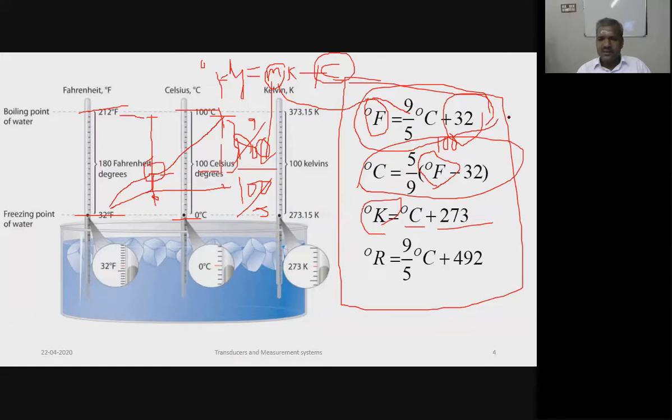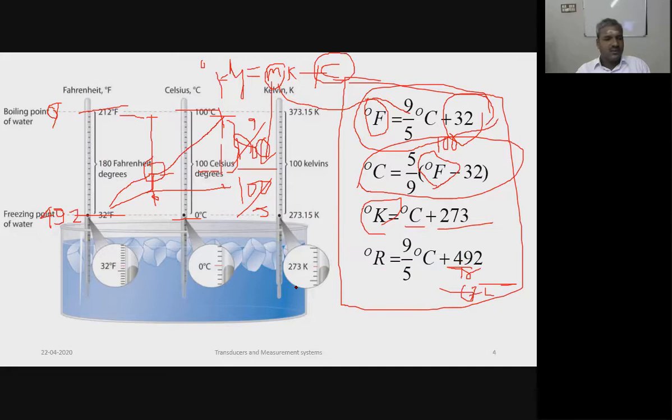Similar to this, the Rankine scale: when 0 degrees Celsius, the Rankine value is 492. 492 plus 180 is 672.